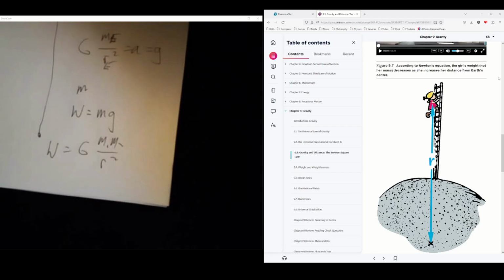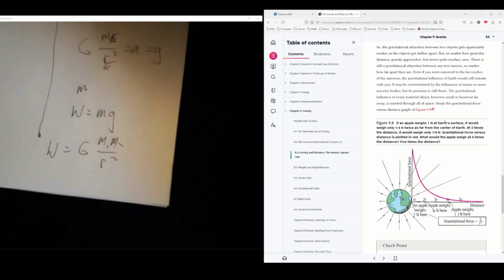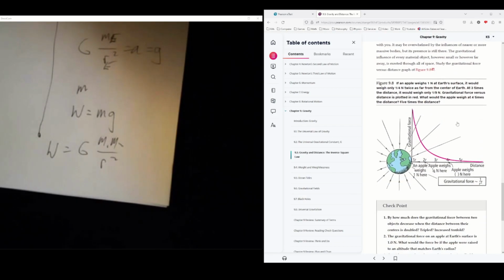So that's what they're trying to say here: the little girl is climbing up, her mass stays the same, but she will feel lighter. Because the weight you carry around is from gravity. So as you go away from gravity, you will feel less heavy, even though your mass is still the same.